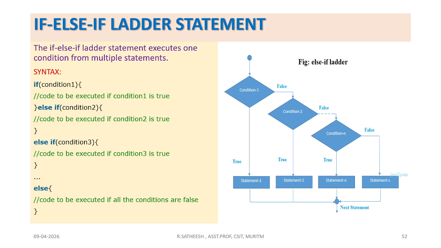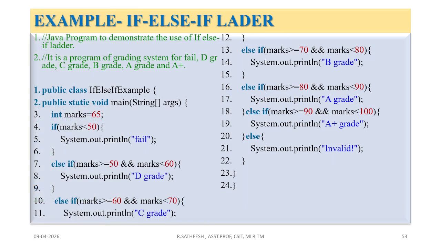Now, let's see one program, if else if ladder. Here in this example, marks is the variable and the value is 65. In the first condition, marks less than 50: is the condition true or false? Here the condition is false, because 65 less than 50 is false.